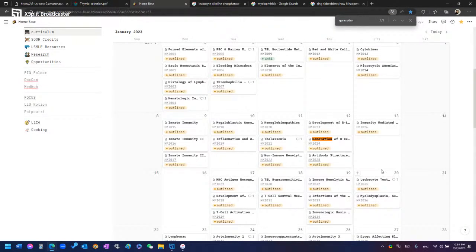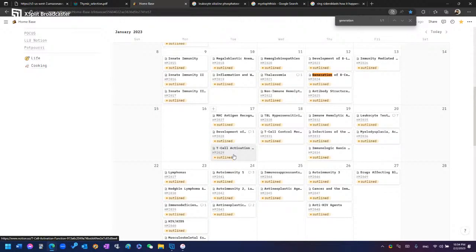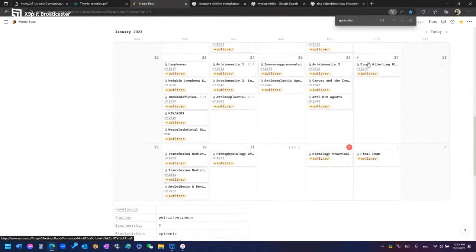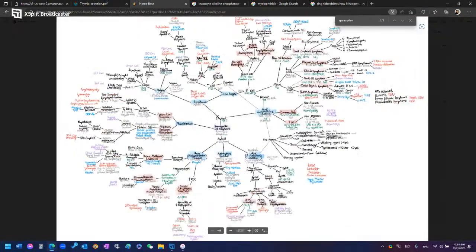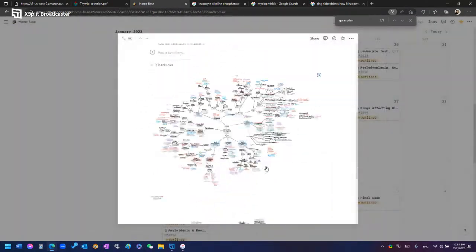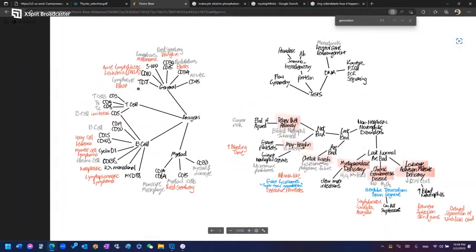So that's a sign that we're still forming a cell. Still forming a lymphocyte. So that's what TDT is.